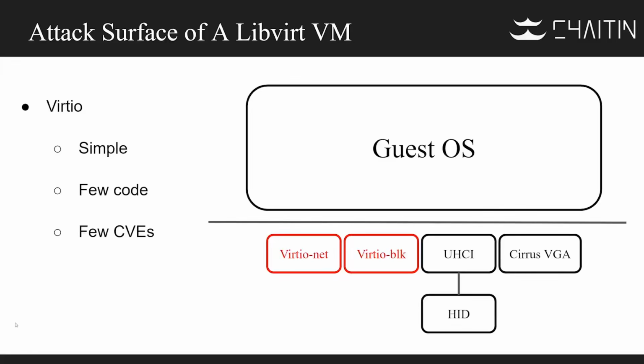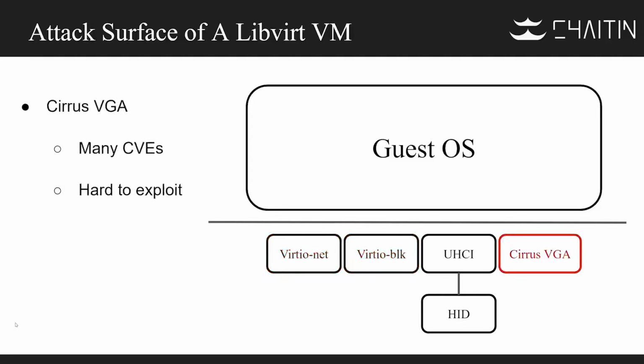VirtIO is an I/O para-virtualization solution. It's designed to be faster and lighter. So the logic of the VirtIO device is simple, and it also has fuzzing code and CVEs. Cirrus VGA is an old graphics card.